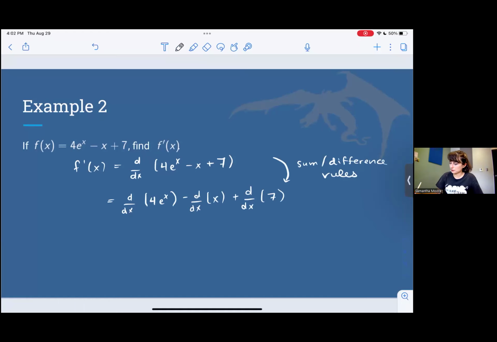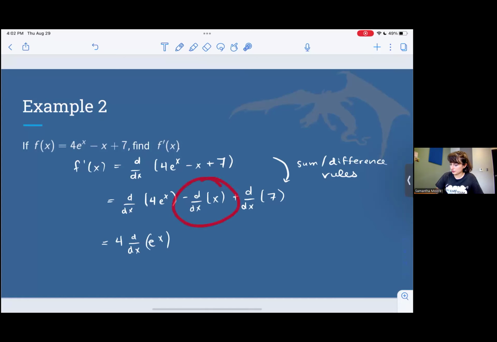To do this first derivative, I need to do one more step before I can apply one of my basic derivatives. I need to bring the 4 out by the constant multiple rule. I'd be left with 4 times the derivative of e to the x.